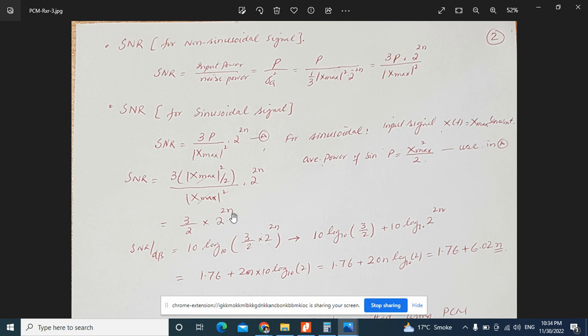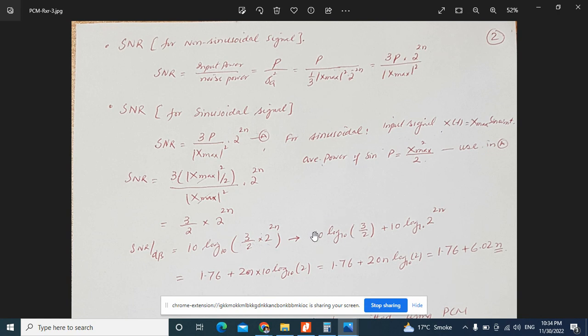to the power 2n. So if you want to write this term in terms of dB, then you are just taking the 10 log 10 of 3 by 2 times 2 to the power 2n. So using the logarithm rule, you can open this as 10 log 10 of 3 by 2 plus 10 log 10 of 2 raised to the power 2n.